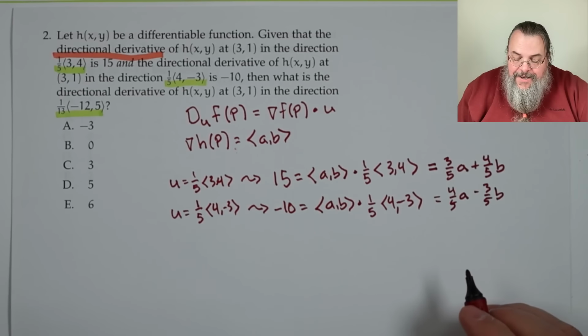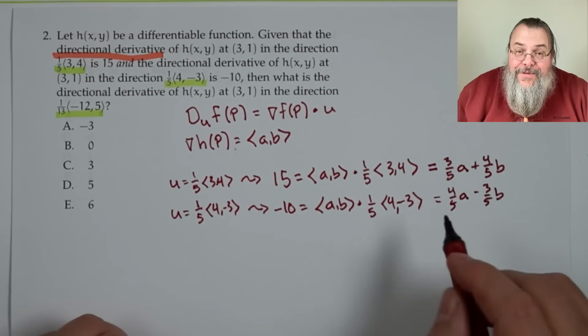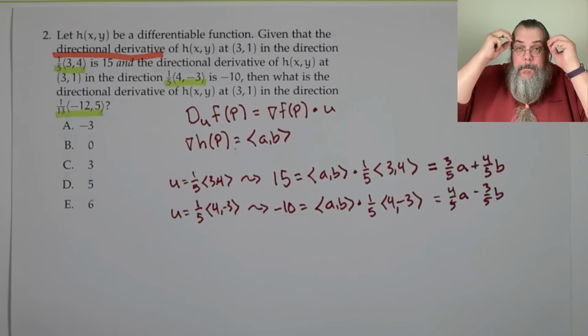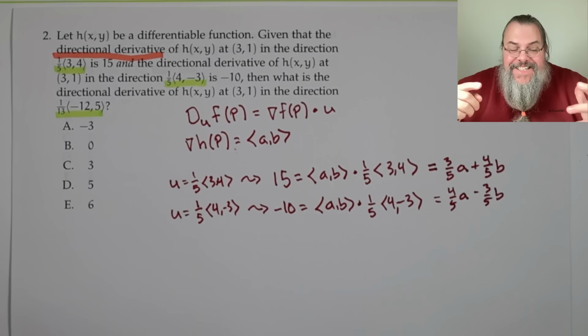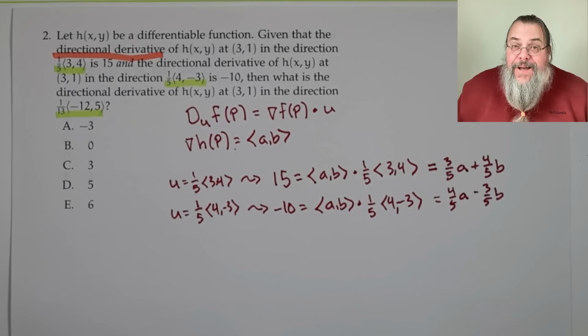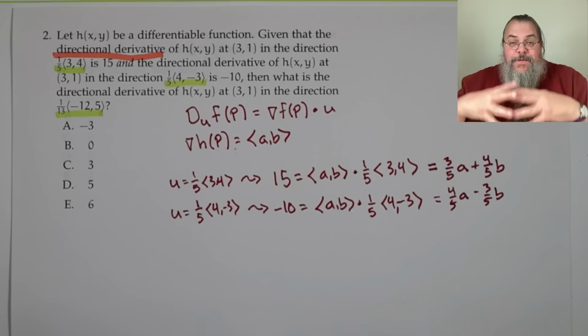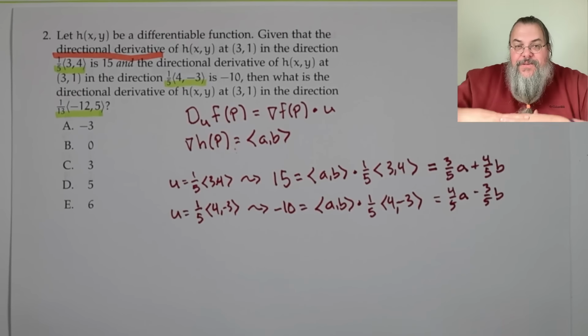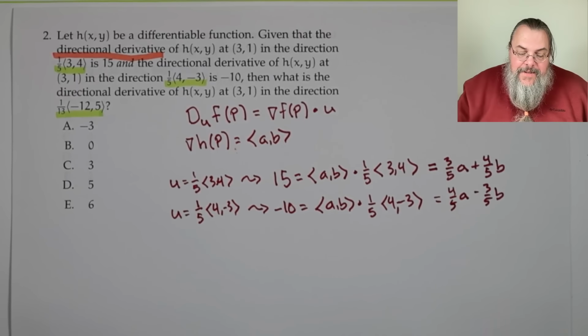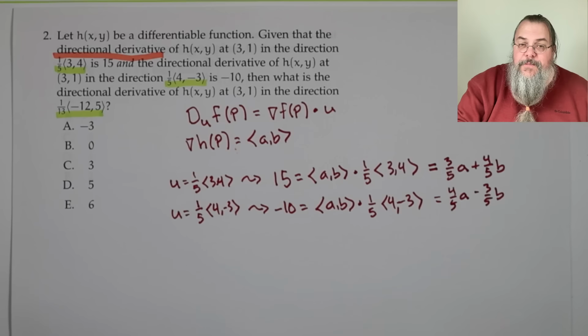And this is two equations, two unknowns. We can solve for a and b. And that's the whole point. By using information about the directional derivatives, we can build up our gradient. And then once we have that, we just apply the formula.